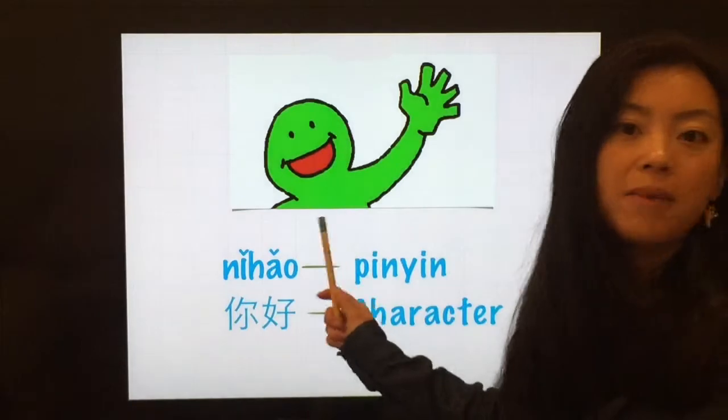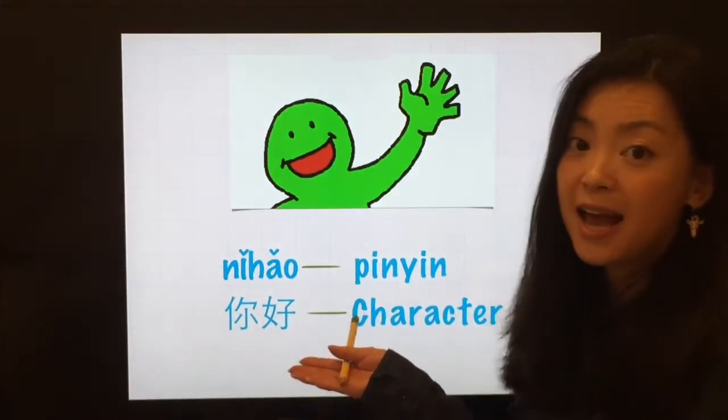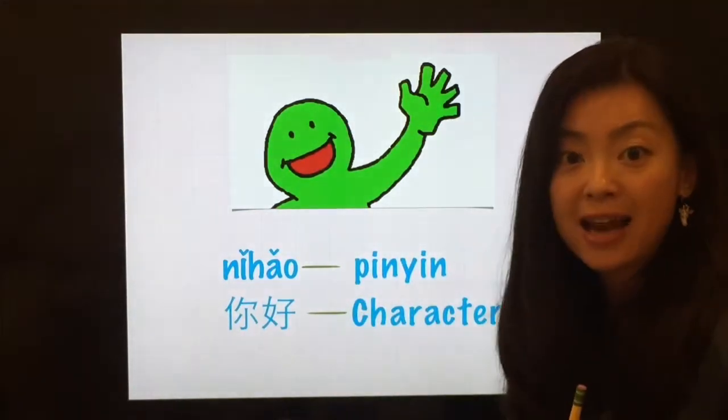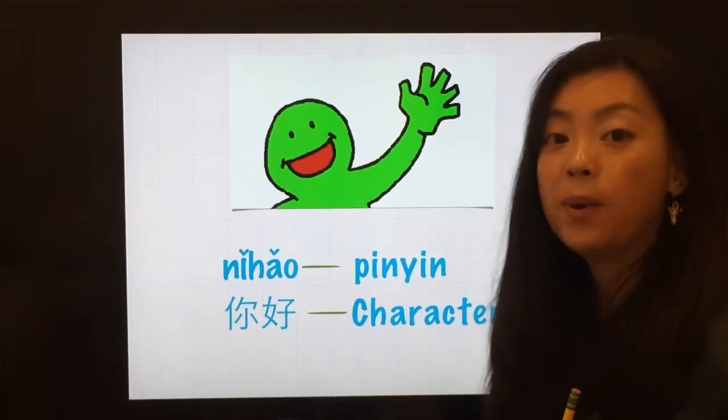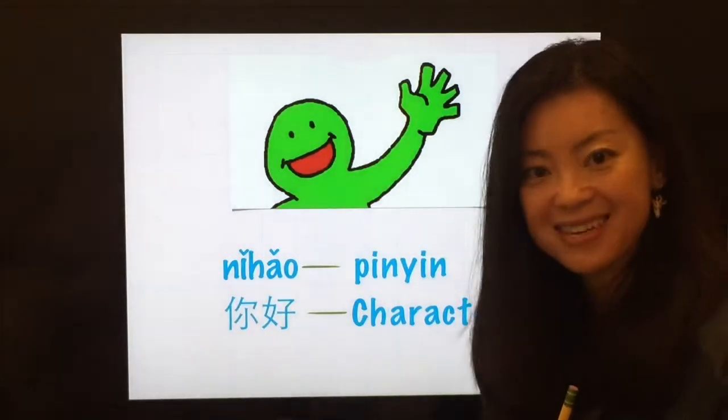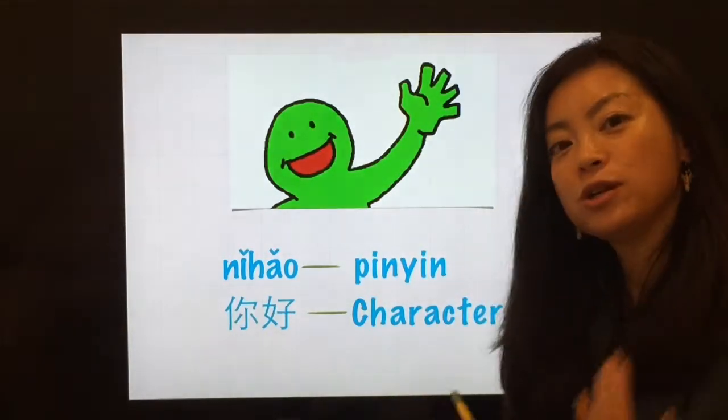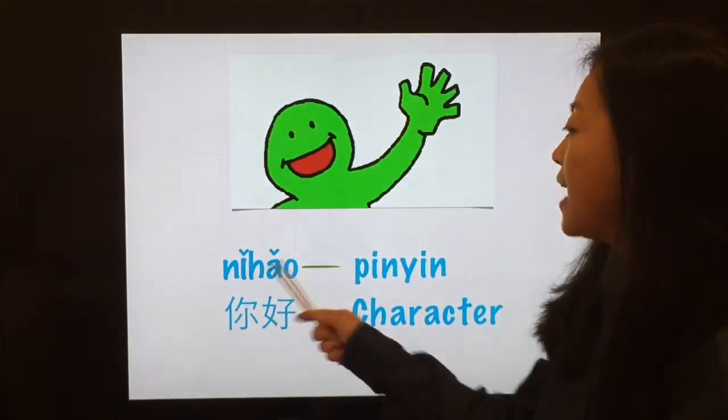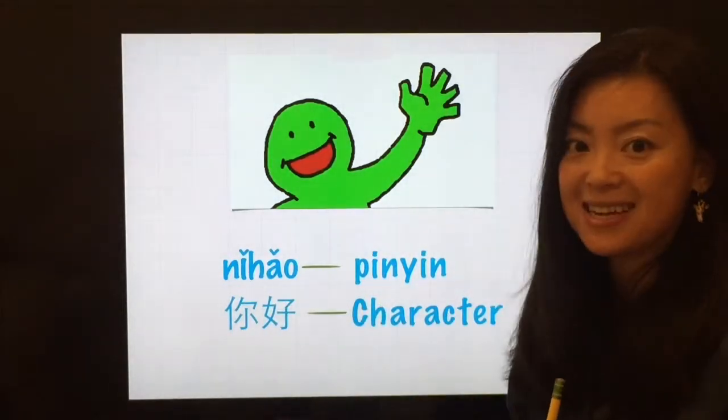Pinyin is all about letters. Those letters look like English letters, but actually they have Mandarin pronunciation. We're gonna introduce later how to read those letters with Mandarin pronunciation.